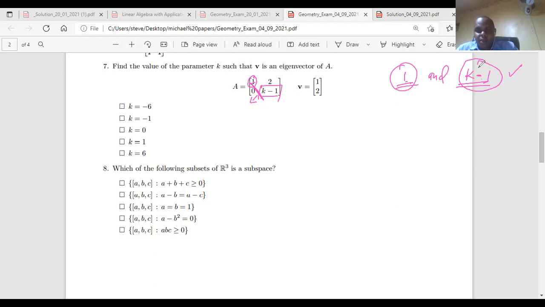So now we need to find the eigenvector. Let's find an eigenvector associated with 1. This is going to be [1 0; 2 0; 0 k minus 2].